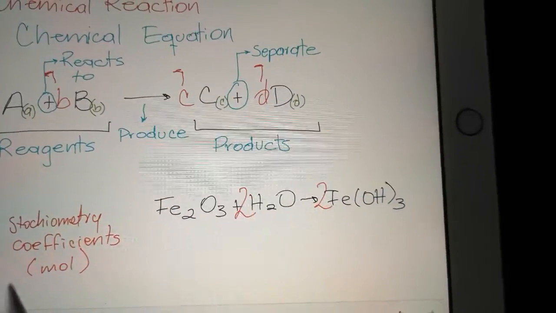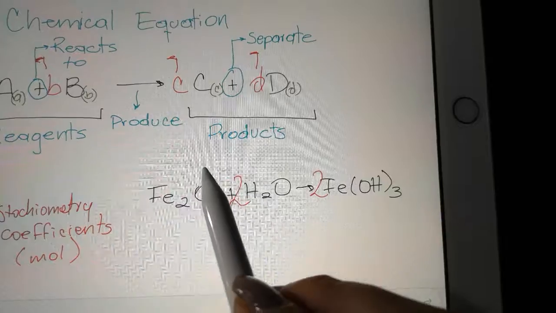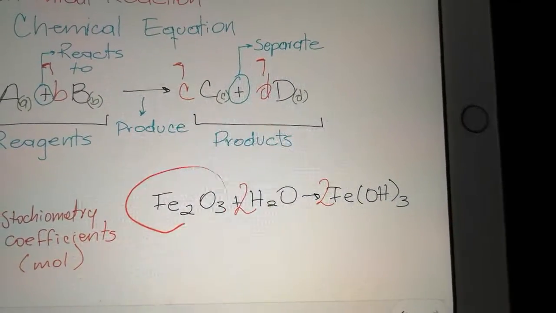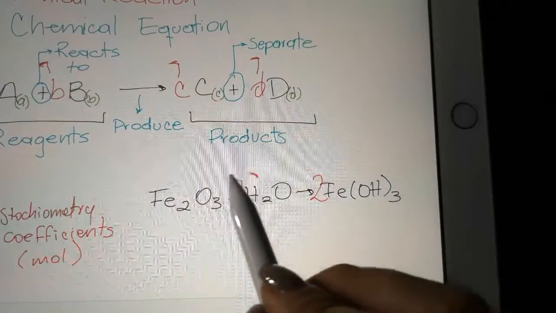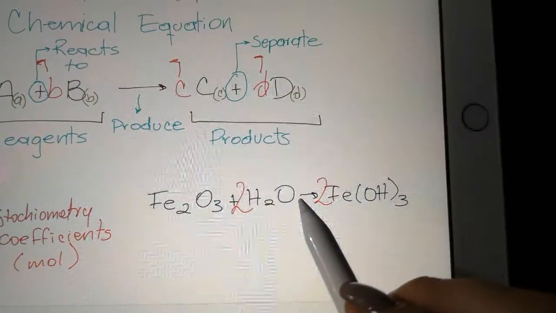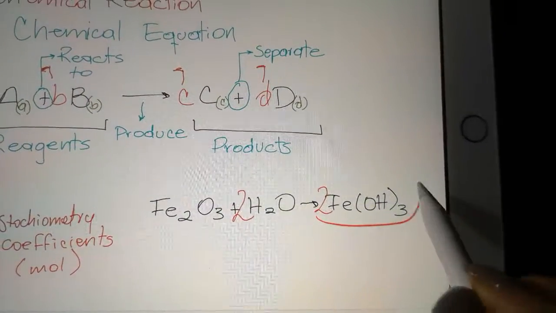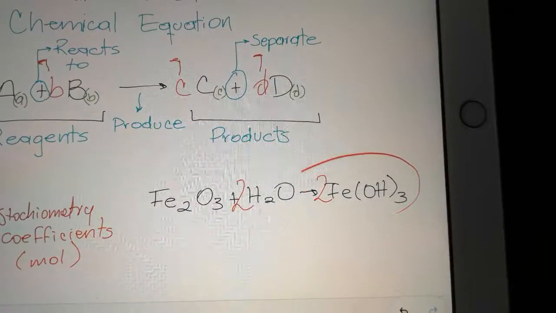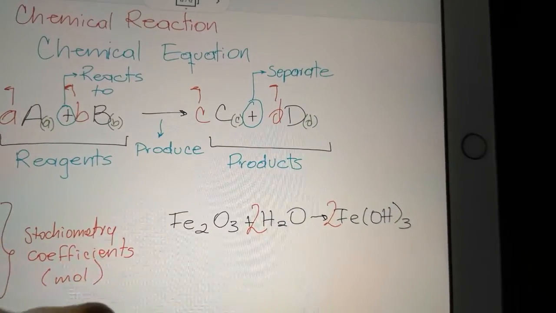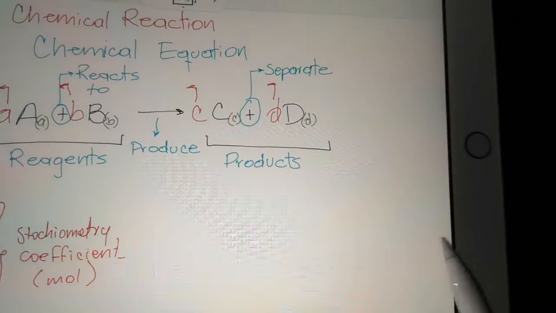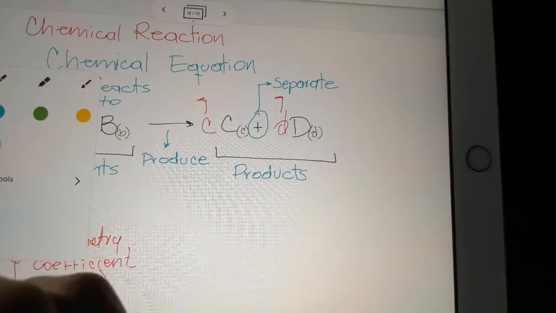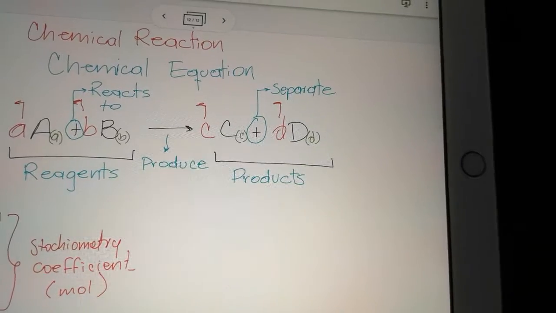So here we can say, okay, I have 1 mole of ferric oxide reacting with 2 moles of water. It produces 2 moles of ferric hydroxide, right? So that's the main meaning of the numbers, okay? Don't forget to copy everything, guys.